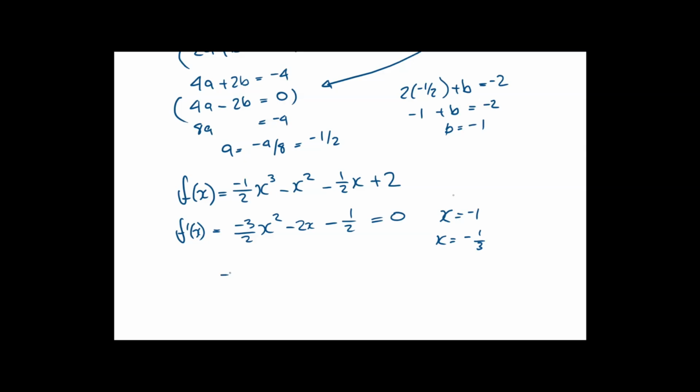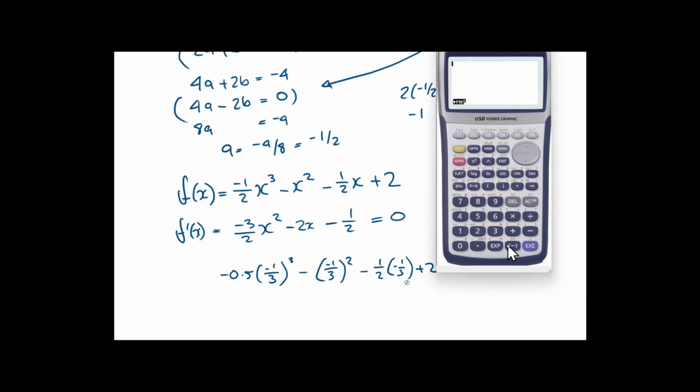So let's put it in decimals: negative half times negative 1 over 3 cubed, minus negative 1 over 3 squared, minus negative half times negative 1 over 3, plus 2. Maybe it was a better idea to put 1 in there. But we can't change that now. Let's do it.